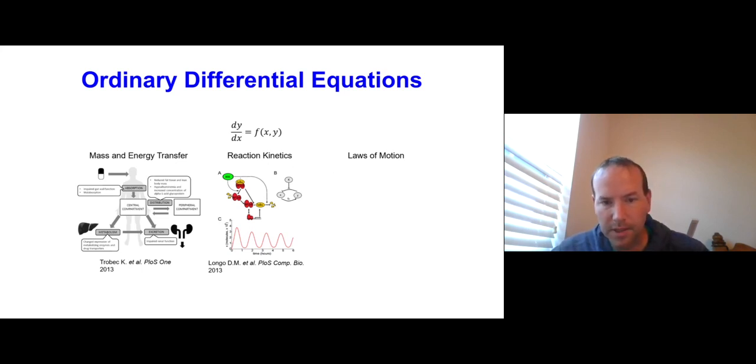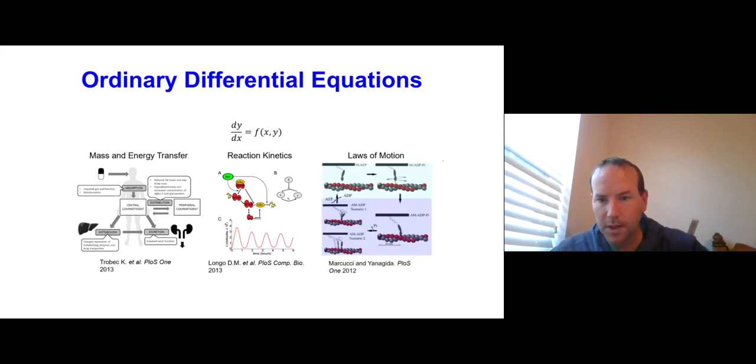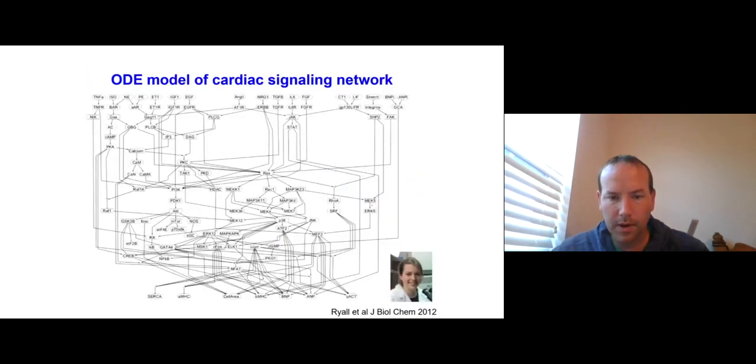It's used to model signaling pathways in your body and how certain inflammatory pathways will oscillate in time. It's also used in the laws of motion and in order to look at how molecules initiate the contraction of your muscles and drive force development. So it gets used in quite a lot of examples.